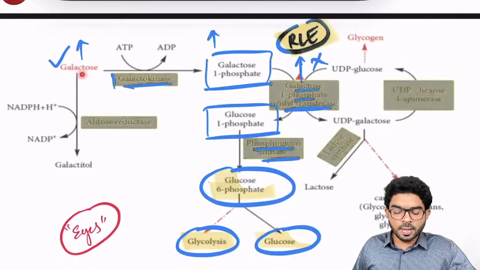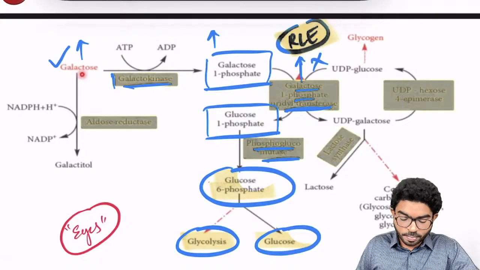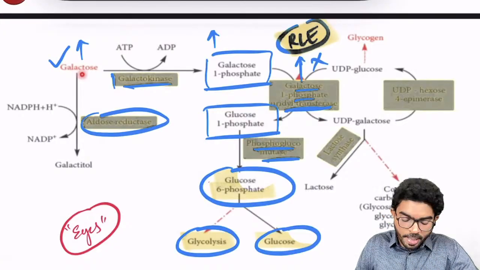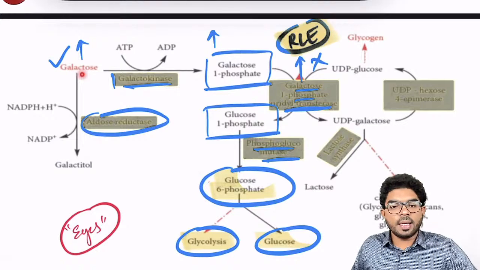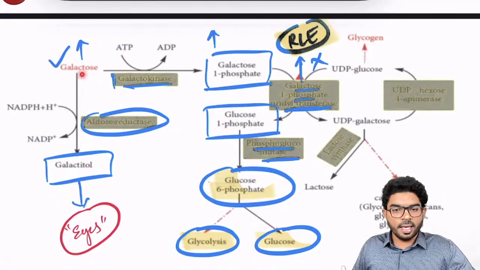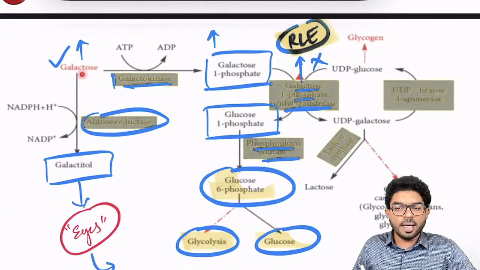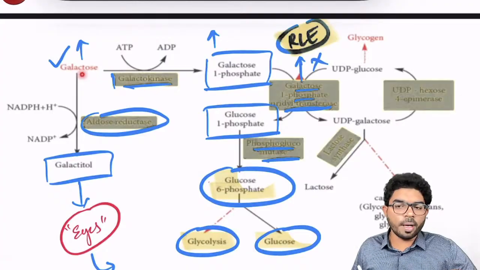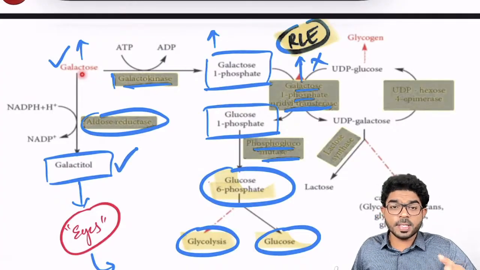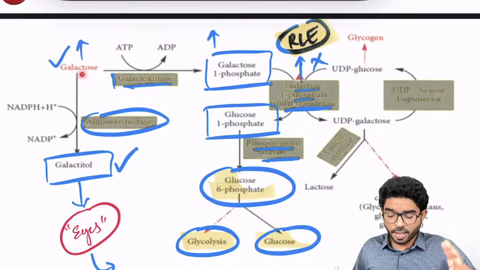So sometimes what happens is that galactose, in the presence of aldose reductase, can be converted into galactitol. This gets accumulated in the eye, and that is the reason why this baby has a corneal abnormality. That corneal abnormality is basically due to the accumulation of this product obtained from galactose. Okay, so that is very important.